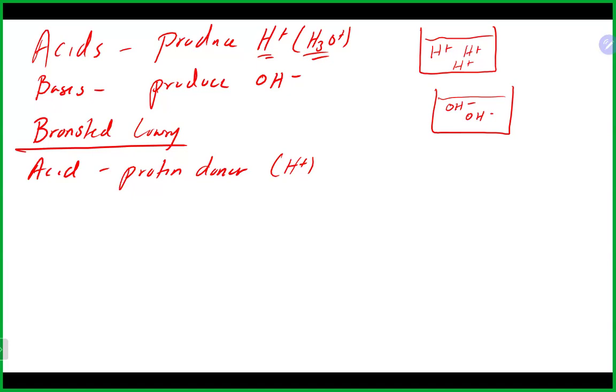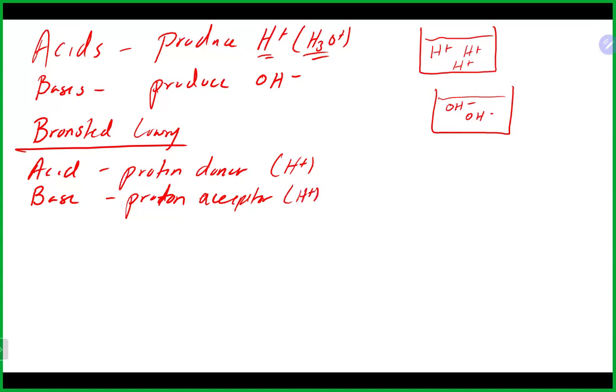If you're accepting the H plus, then you're accepting the hydrogen and the positive charge, and you become one more positive than when you started. And where that H plus goes is the base, which is our proton acceptor. It's going to accept that proton.